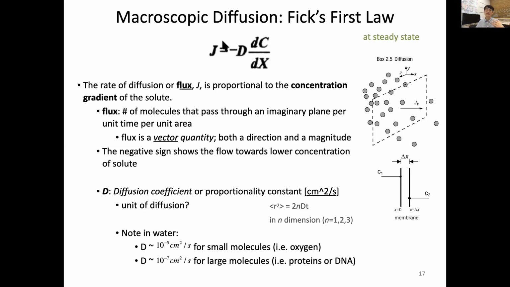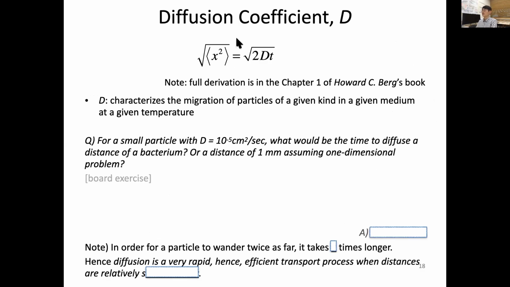This is kind of intuitive, and we will try to derive it later on. Regarding the diffusion coefficient, let's remember the root mean square displacement from a random walk: x squared mean is proportional to 2Dt.